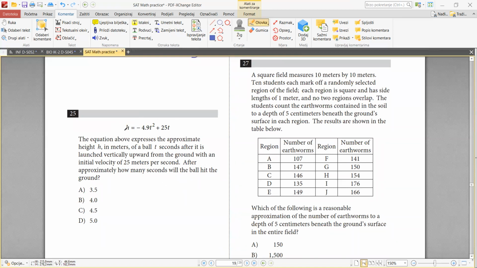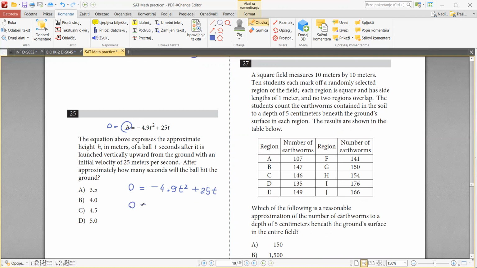The ball hitting the ground means that its height is equal to 0. So we have our equation, 0 equals minus 4.9 t squared plus 25 t.